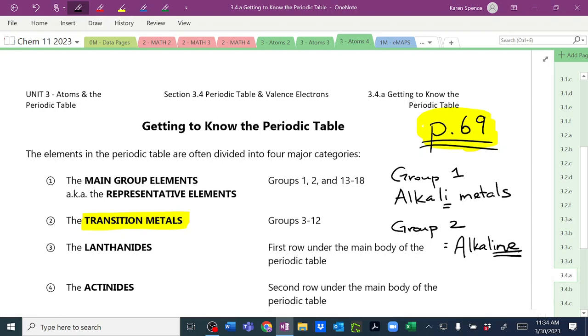Okay, so we have alkali metals in group 1 and alkaline earth metals for group 2. So you have to keep those straight. Alkali, it's a shorter word and 1 is smaller than 2, right? So that's maybe how you could remember it.